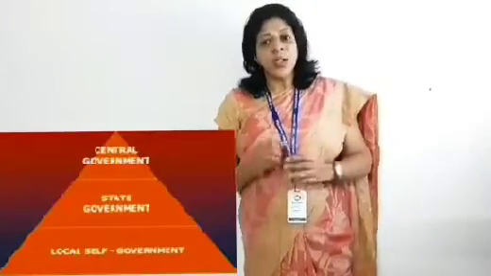In the first lesson, you have learned that Belgium also has a federal system of government. What is the difference between the federal system of government in Belgium and in India? There is some difference. Both have a federal system of government, but there is some difference. What is that? In India, the government shares its powers with state governments and local governments.